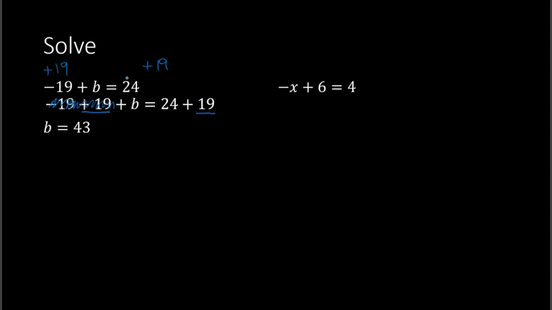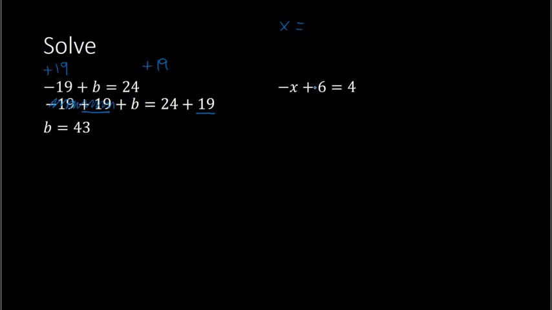Next, we have negative x plus 6 equals 4. So this one, there's two things going on. We have a negative and a plus 6. So we want to get rid of both of those because our end goal is to get this to look like x equals something. So positive x equals something.